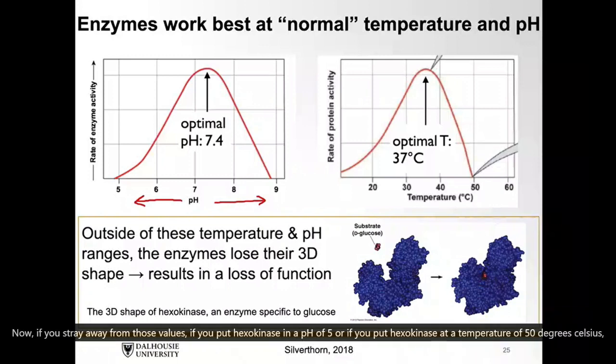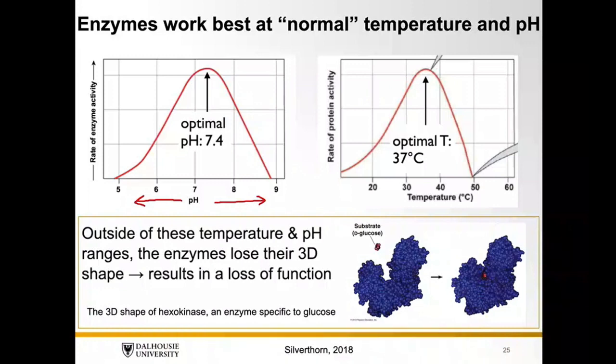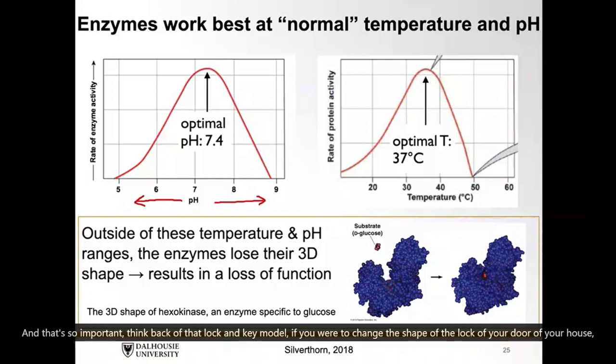Now, if you stray away from those values, if you put hexokinase in a pH of 5 or if you put hexokinase at a temperature of 50 degrees Celsius, for instance, they start losing that 3D shape, which we call denaturation. So the shape of the active site here is lost. And that's so important.